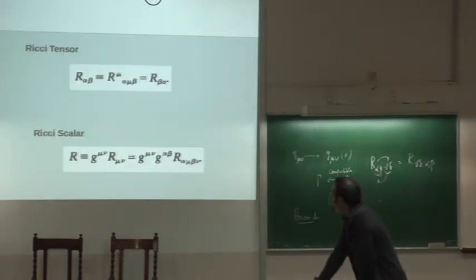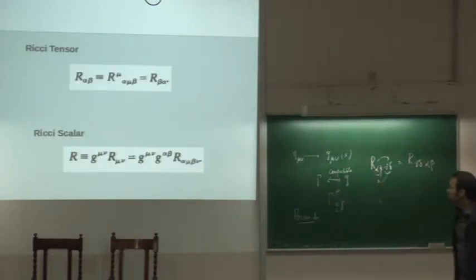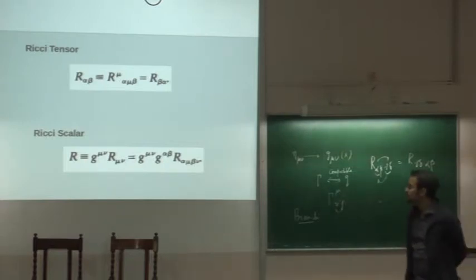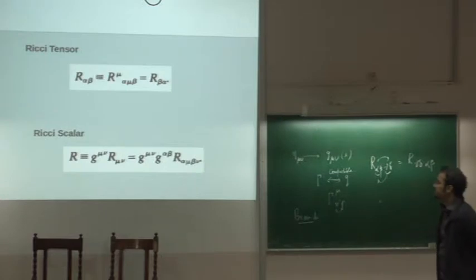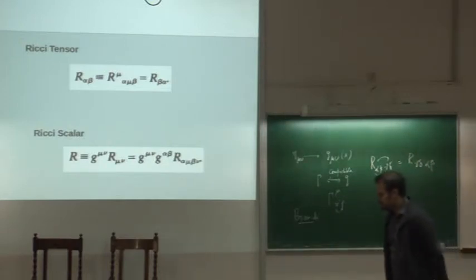And there are certain contractions of the Riemann which are also useful. For example, the Ricci, which contracts the first and the third, and then finally a scalar. So by repeated contractions of the indices, we reduce the rank of the tensor, and finally we have the Ricci scalar and the Ricci tensor. Now, the reason why these are important will be evident right away.